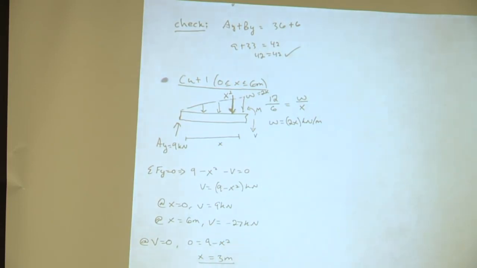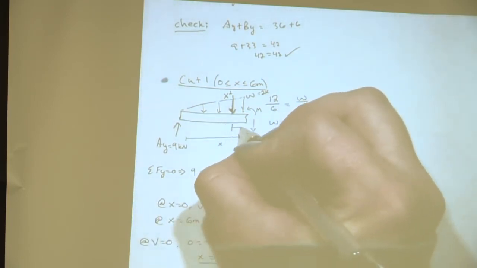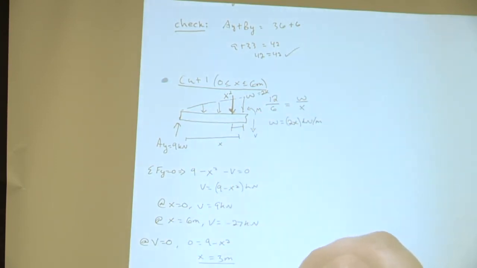It's going to be minus 9, and its perpendicular distance is x. And then what about that x squared? Positive x squared, and its perpendicular distance is x over 3. And now that's it.